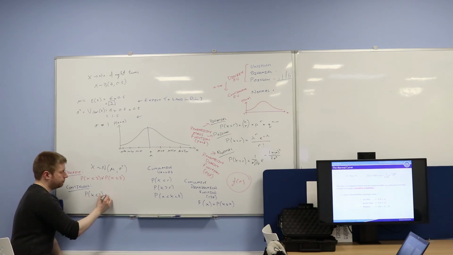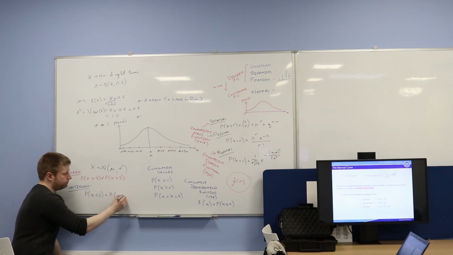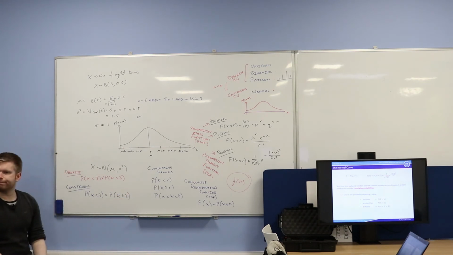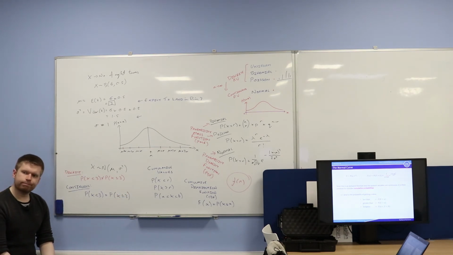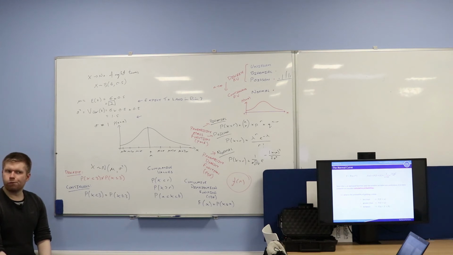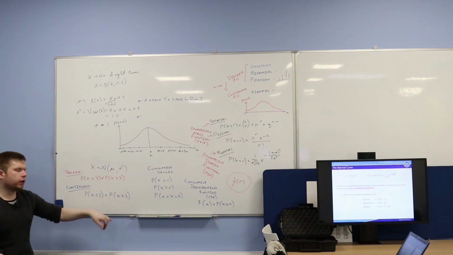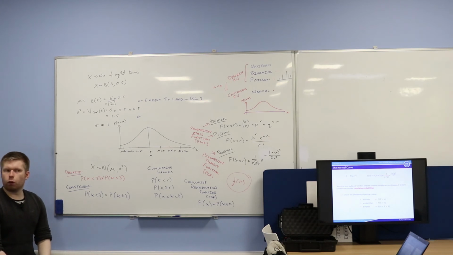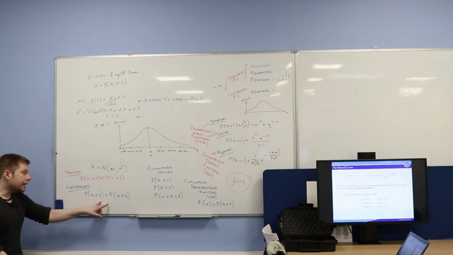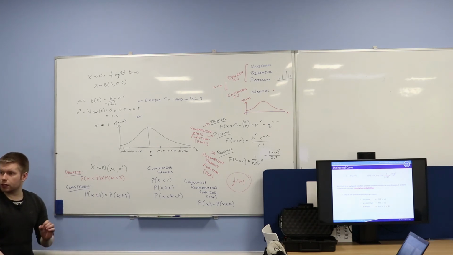Is this still true? What do we reckon? Is it equal to, or is it not equal to? Hands up for equal. Two. Everybody else not equal? Who's not sure? Okay, so some people are not sure. It is equal to, because it's continuous.